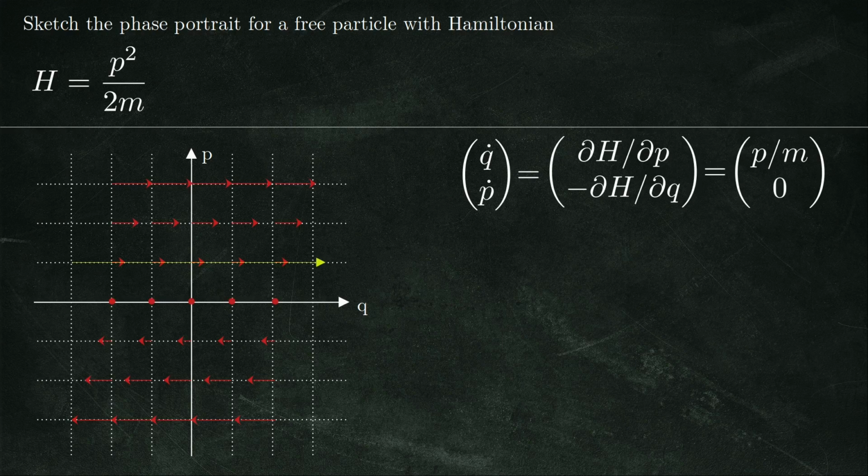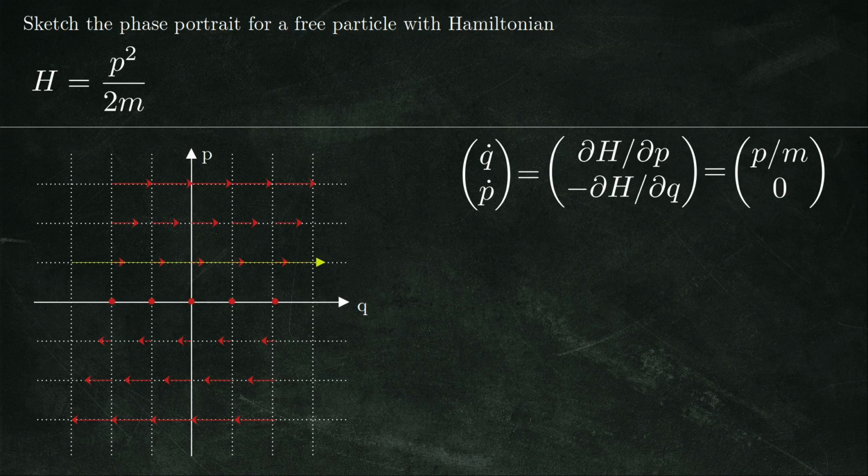So here's one, and because all the red arrows are pointing to the right, this trajectory just follows those, and it travels to the right. So this means if we start our particle at the tail of this arrow, so q is -3, whatever -3 is on this axis, and it starts off with a small amount of positive momentum, the momentum's not going to change, and the particle's going to travel in the positive q direction.